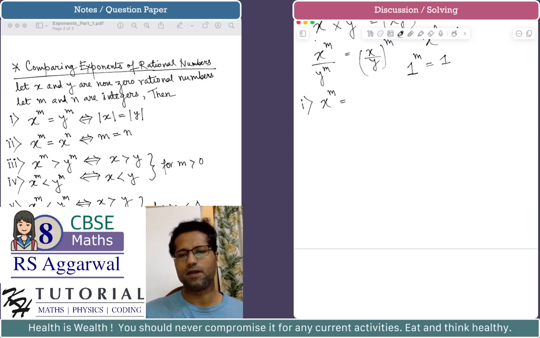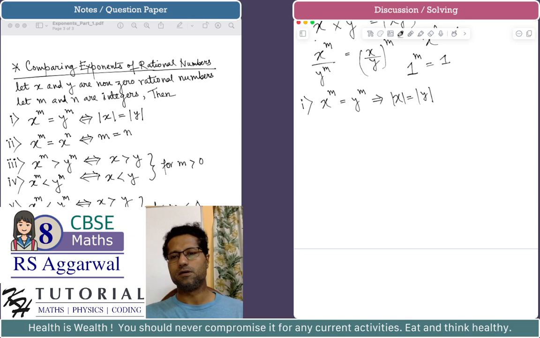If you have something like x raised to the power m is equal to y raised to the power m, this will imply that mod x is equal to mod y. Now what is mod? Mod is the absolute value operator.